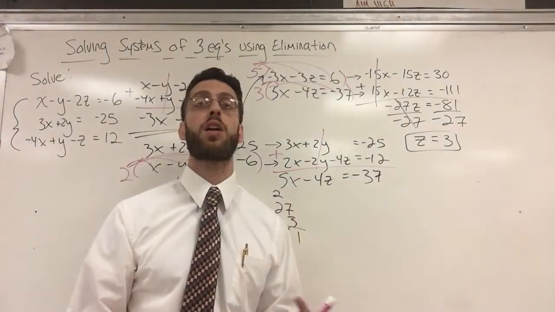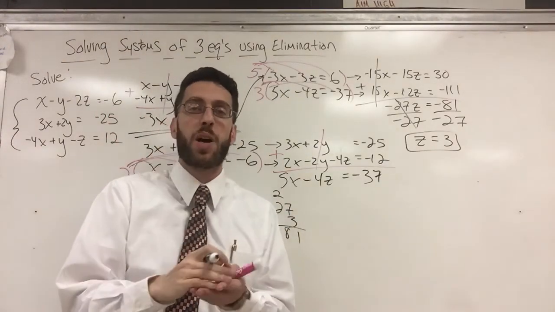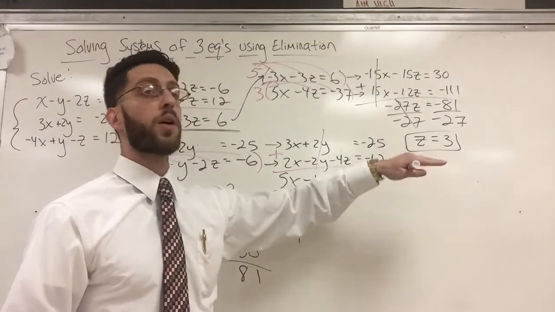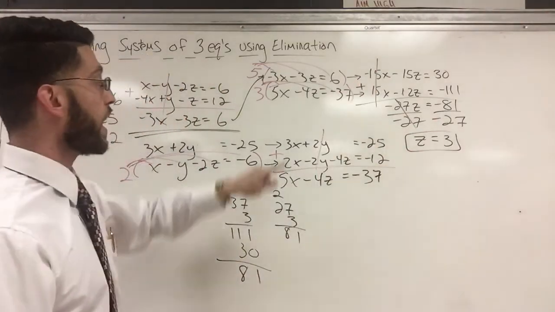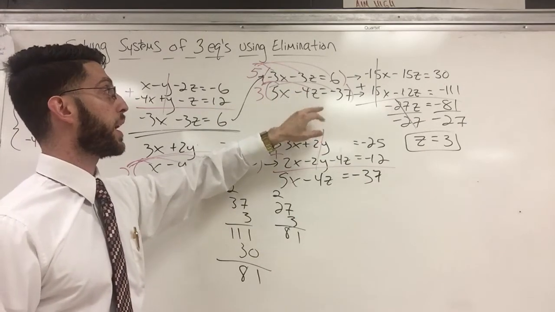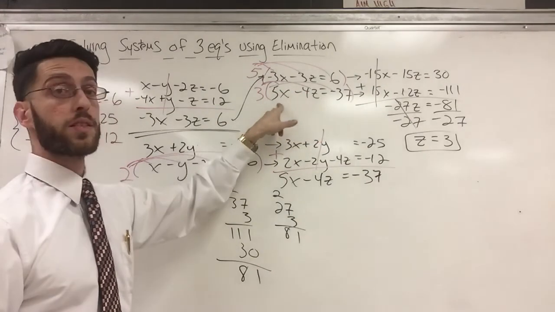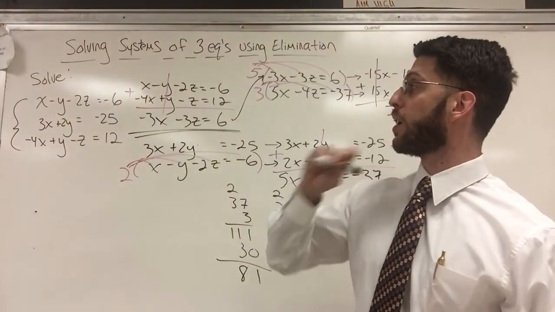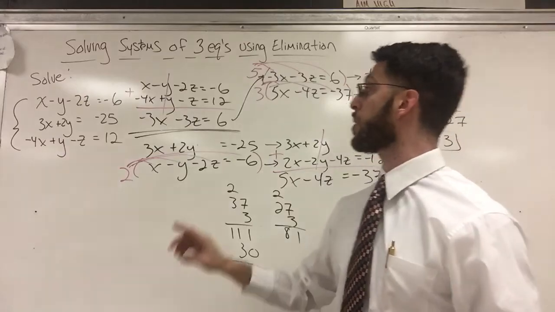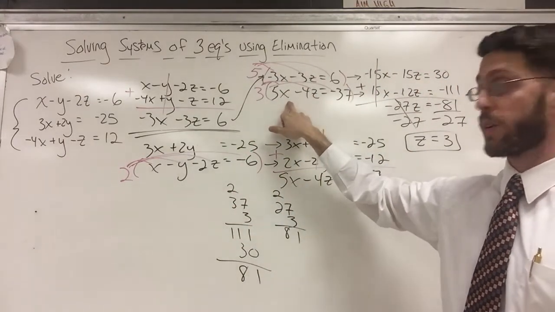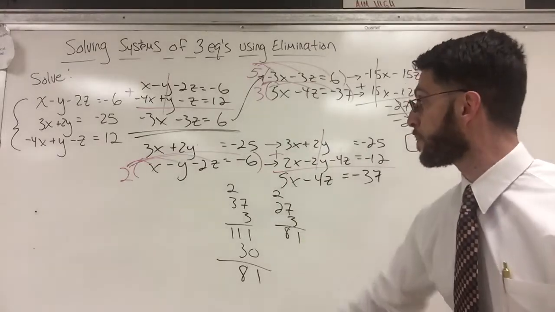And I am done with the hard part, the matching up, the eliminating, the least common multiple, all that's done. I got z alone, now I work backwards. I go to one of these two equations, and I plug in z to find x. I like the second one, it really doesn't matter.